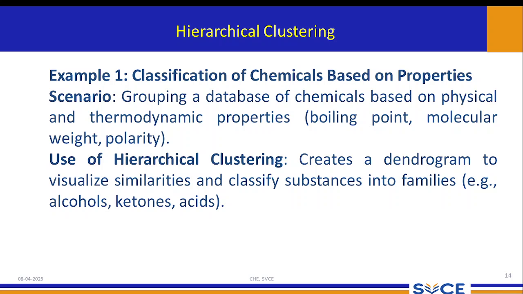For example, alcohols have OH, acids have COOH, ketones have C double bond O, aldehydes have CHO, and amines have NH2 or NH3. So this is how to classify the compounds, using a dendrogram to visualize the similarities. This comes under hierarchical clustering.